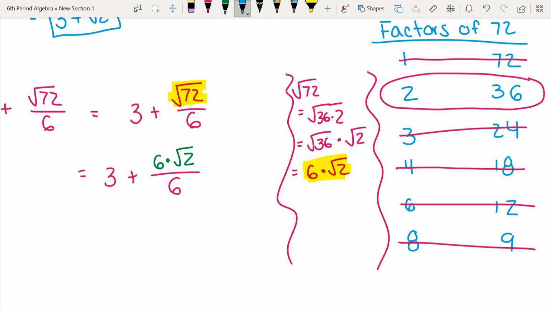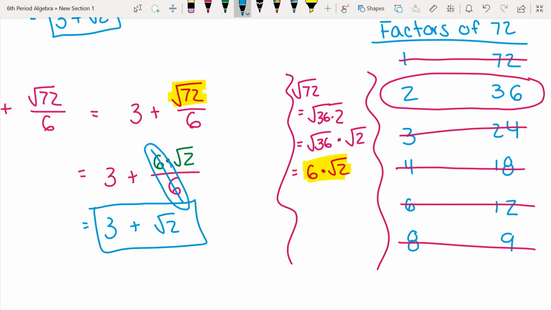From here, I have like terms, which are just now the constant 6 over 6, which simplify out or cancel out to be 1. So it's really 3 plus the square root of 2. Isn't that funny that it's the same exact answer? That's just a coincidence.